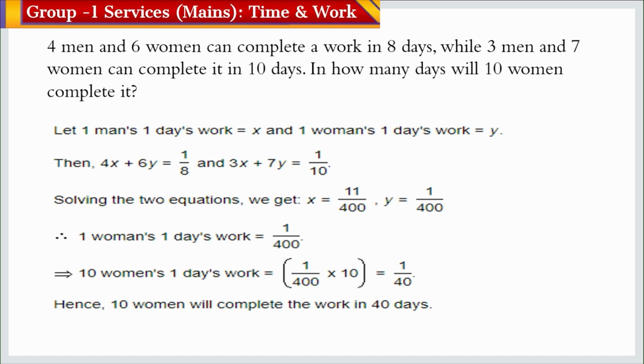4 men and 6 women can complete a work in 8 days, while 3 men and 7 women can complete it in 10 days. In how many days will 10 women complete it?